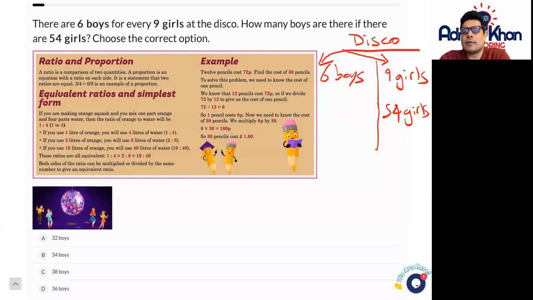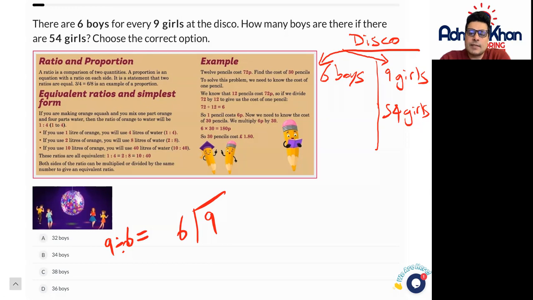And once we've worked out that common factor, we can then apply it to 54. So let's work out how many times 6 goes into 9. So we're just going to do 9 divided by 6 to work out our scale factor that we're going to apply to 54 girls to work out how many boys there were.